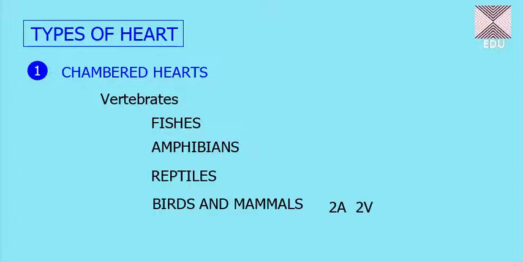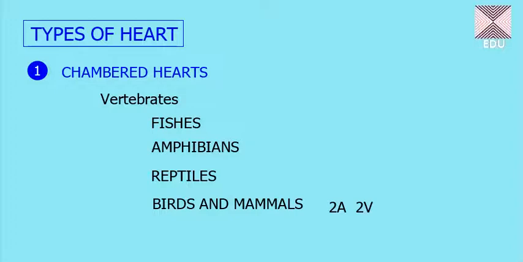The conus arteriosus is absent over here, as the left ventricle is quite muscular as compared to the right ventricle, and it has got the capability to pump the blood to the whole body of the birds and the mammals. So a single systemic aorta arises from the left ventricle, and both have the valves at their bases.